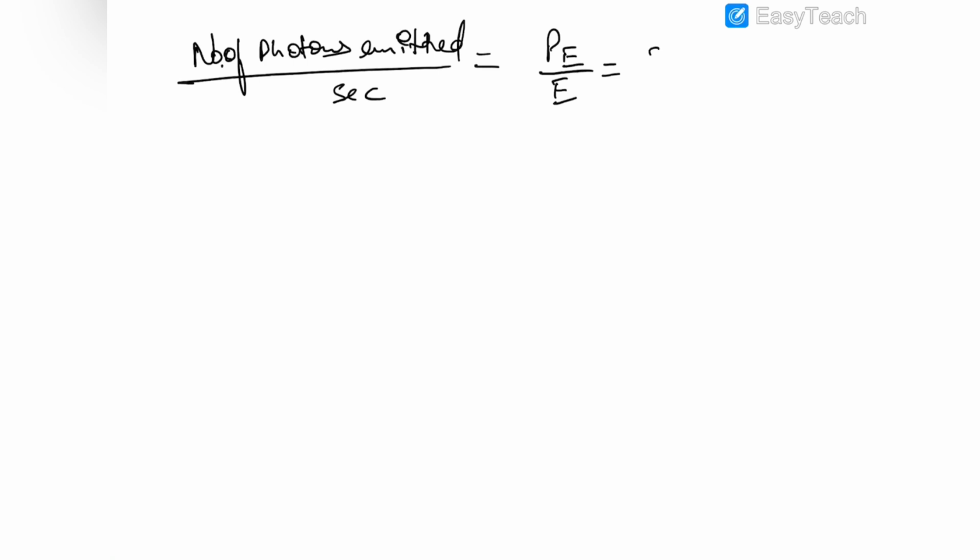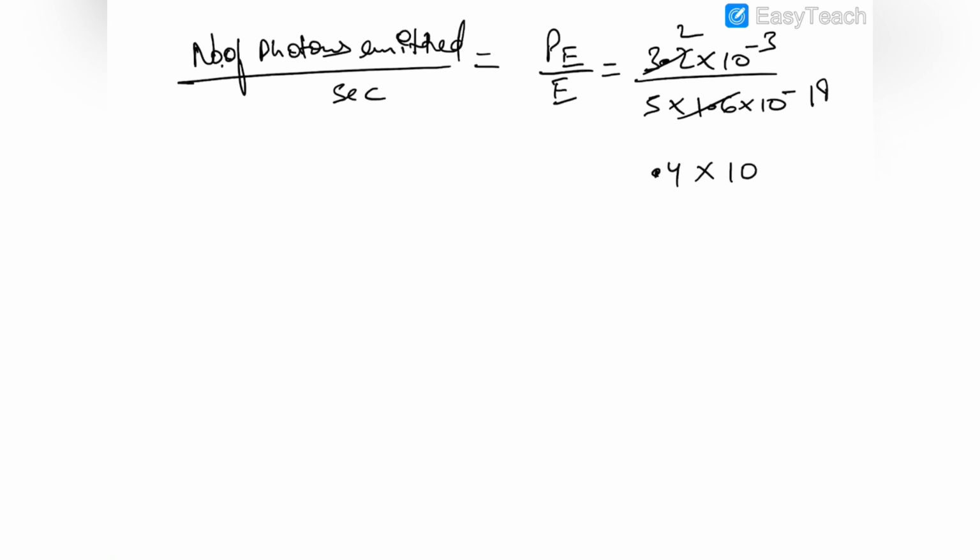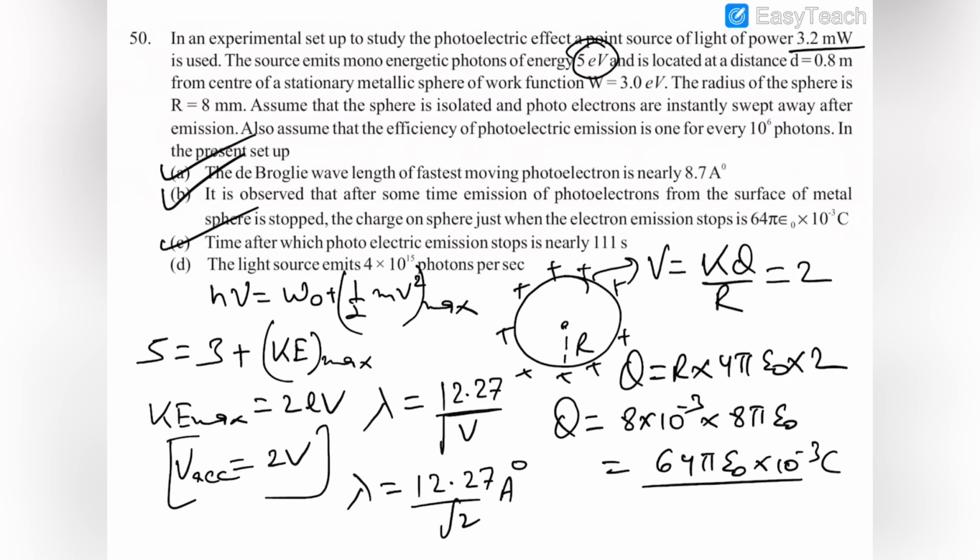The power emitted is 3.2 into 10 raised to power minus 3, yes. And the energy of one photon is 5 eV, which is 5 into 1.6 into 10 raised to power minus 19. So you can see that this is 2, and 2 by 5 is 0.4, and this is 10 raised to power 16, and this is 4 into 10 raised to power 15. So answer option D is also correct.